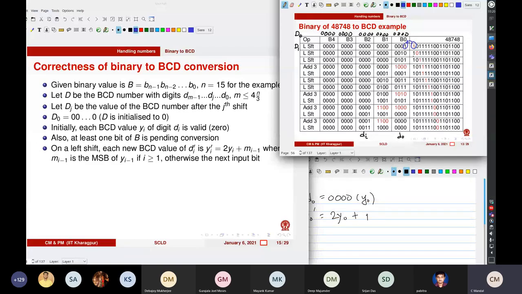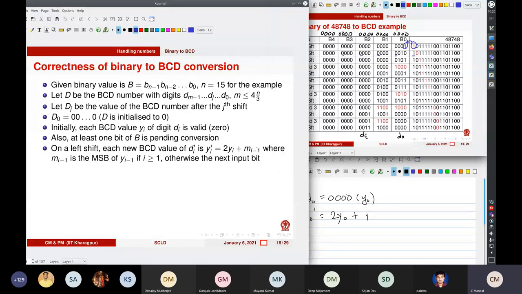We are looking at this bit or this bit or this bit and so on, depending on which DI you are considering. That is the bit which comes in here, and this is the situation.